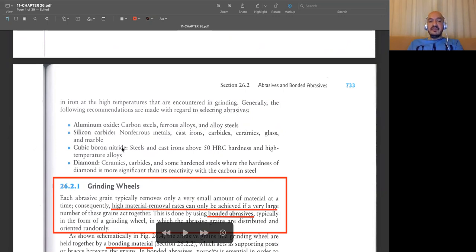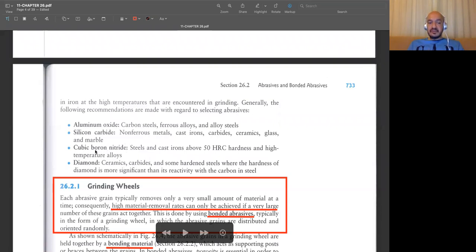On the other hand, we have some super abrasives. These are cubic boron nitride and diamond. Obviously, we use them for workpieces having much higher hardness values, since, as you know, if you want to remove material from a workpiece, you need tools having higher hardness values than the workpiece. For such cases, you may go with CBN or diamond, and you know that for steels we cannot use diamond.